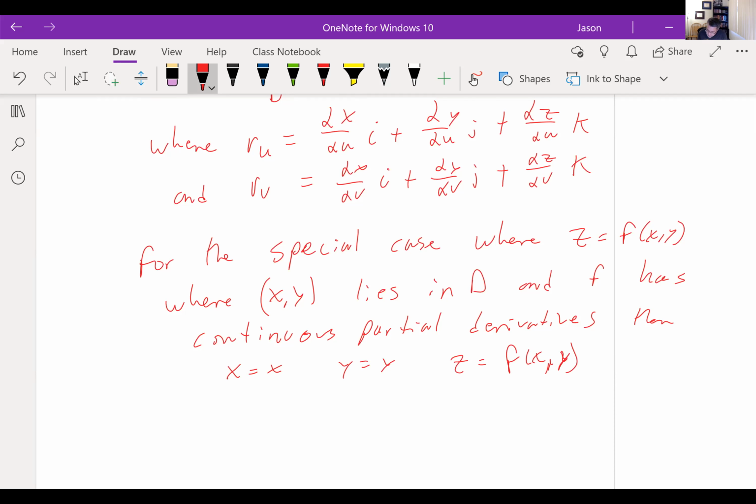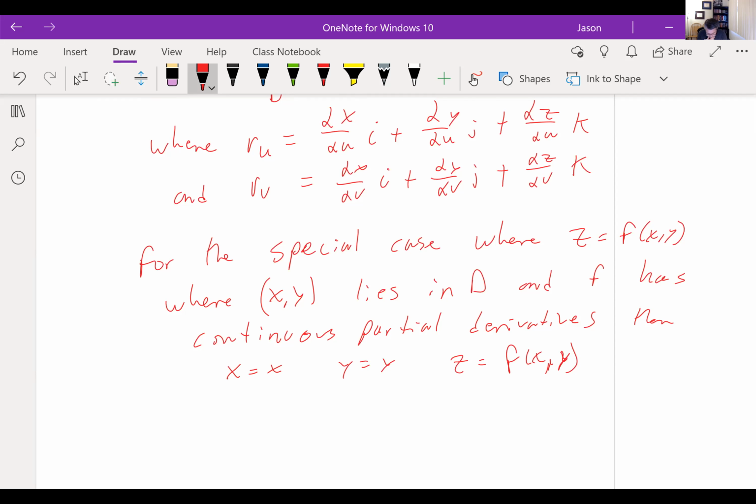We could parameterize it like that. And so we would find the magnitude of this thing.